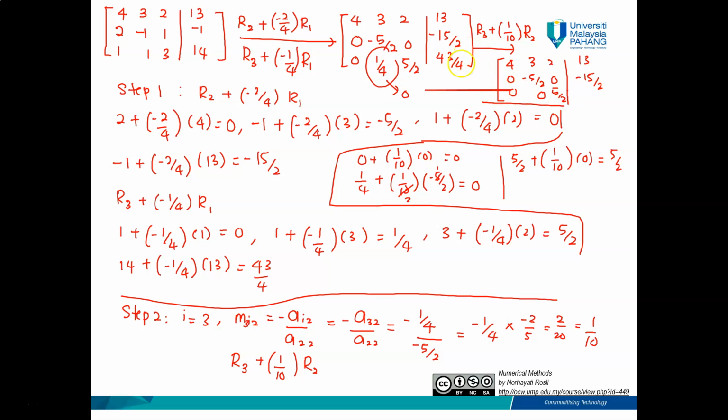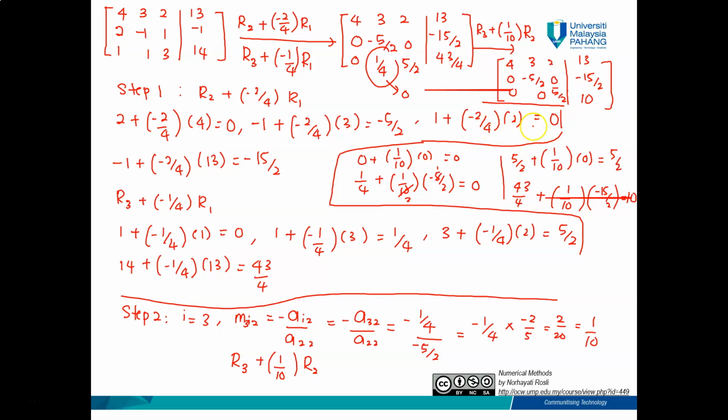And remember, class, we also need to change the B element here, that is 43 over 4 plus 1 over 10 times R2. So you should multiply with negative 15 over 2. When we solve this, we get equal to 10.